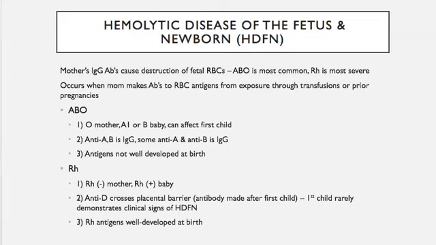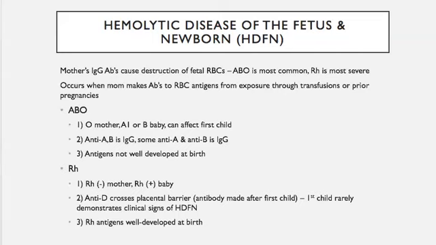So what happens is, if mom is Rh negative and gets exposed to the first Rh positive baby, this is when she starts building antibodies. So the first child rarely demonstrates any clinical signs of HDFN.